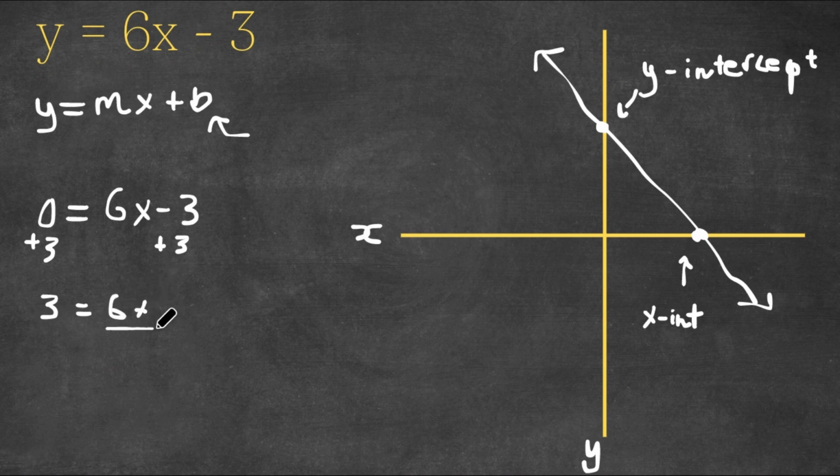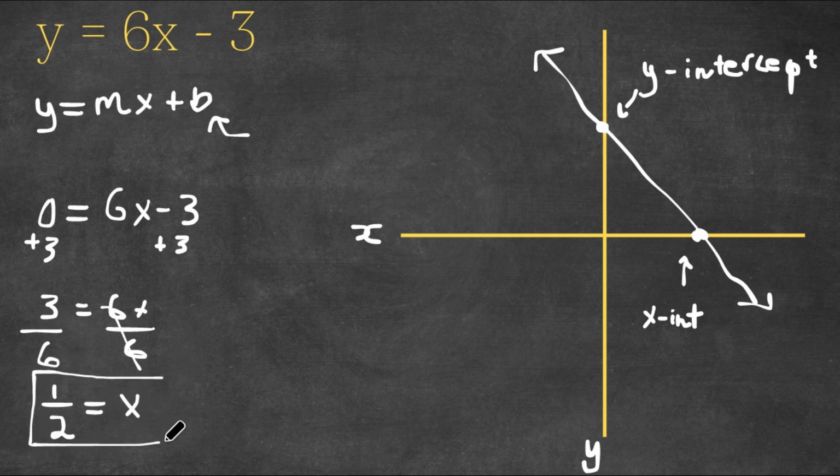Now, we want to get rid of the 6, so we're going to divide by 6 on both sides. These two cancel out, and we get 3 over 6, which is 1/2, so 1/2 is equal to x. Meaning 1/2 here is our x-intercept.